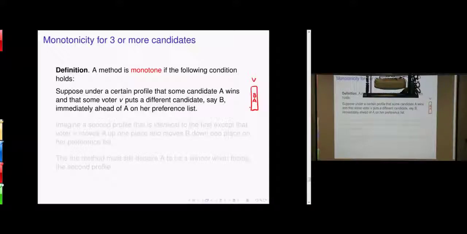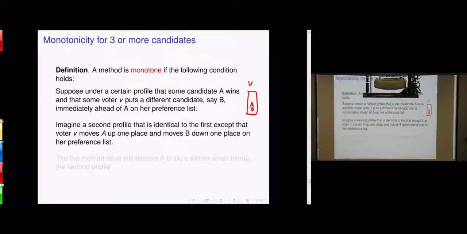Before is B above A on voter V's ticket. After is A above B. Okay, so that's the change. The voter V moves A up one place and moves B down, so they swap A and B on her preference list. So this is after.